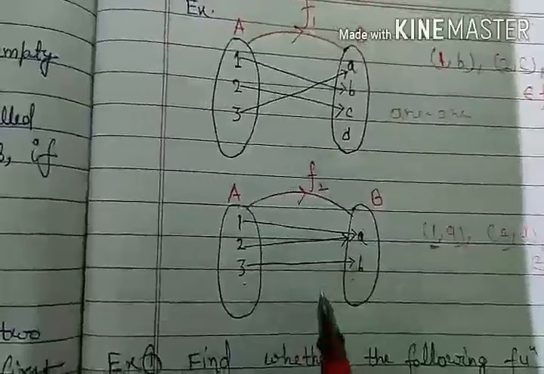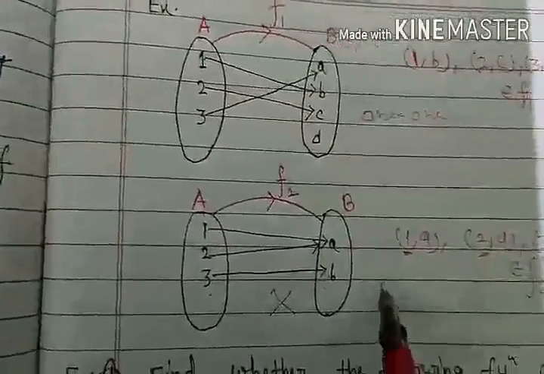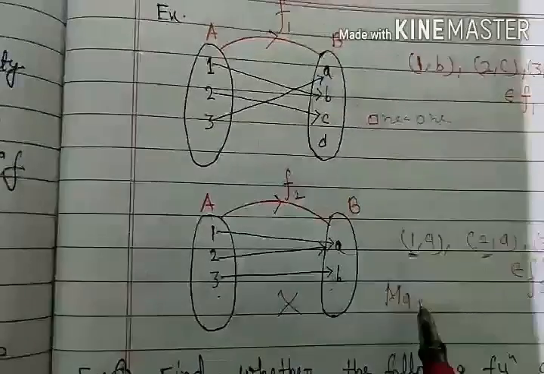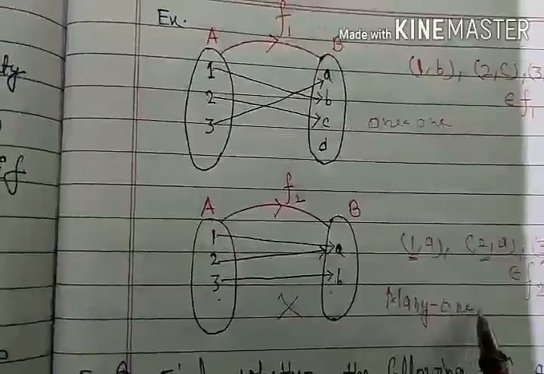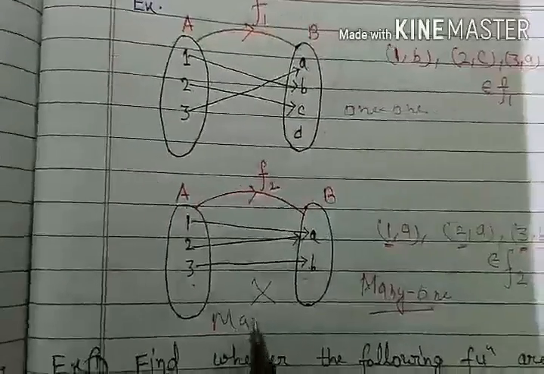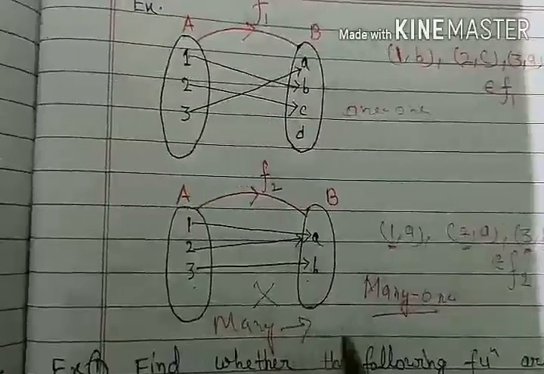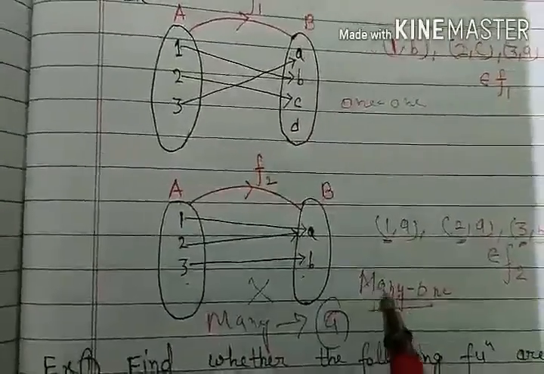So this is not a one-one function. It is actually a many-one function, as many elements are mapped on a.